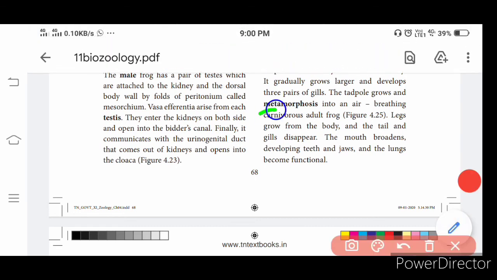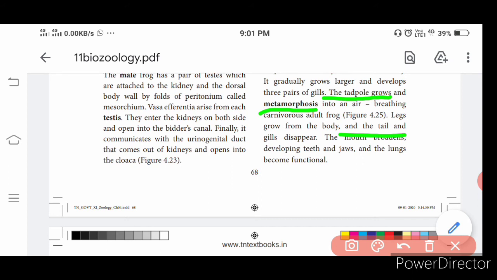Do you know what metamorphosis is? The young one does not resemble the adult one. It undergoes stages to grow into an adult. Once the frog is born, it does not look like a frog. It undergoes several stages. It goes through the tadpole stage, and it will have a tail once it is initially hatched out.